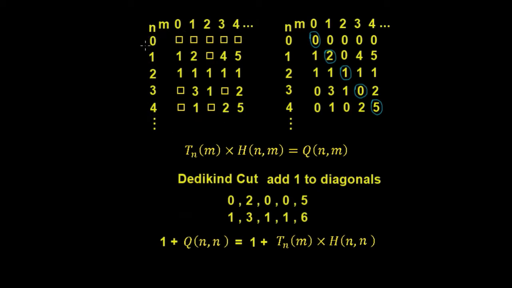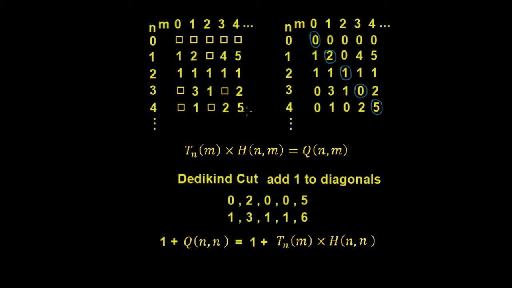So for example, the fourth Turing machine acting on input number 3 will give us an output of 2. The first Turing machine acting on an input number 1 will give us a value 2, and the first Turing machine acting on an input value 2 will give us a square, which tells us that it is stuck in a loop, that is, it's not halting.